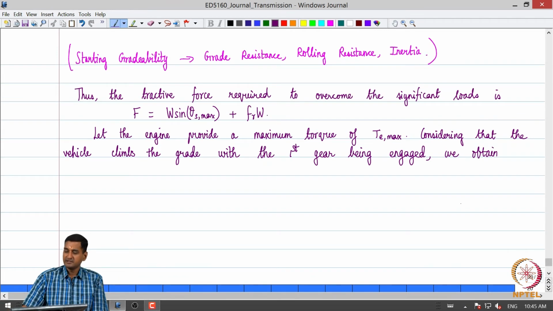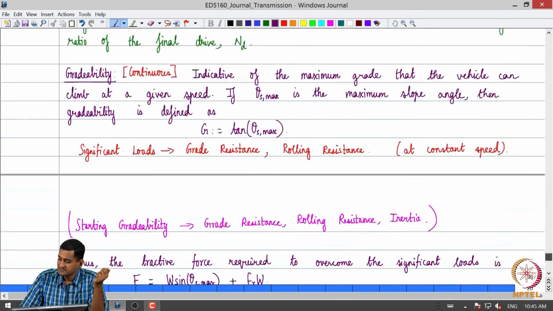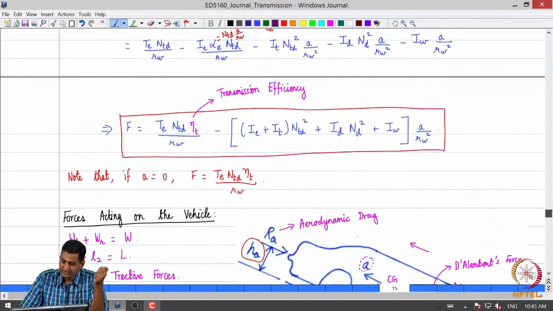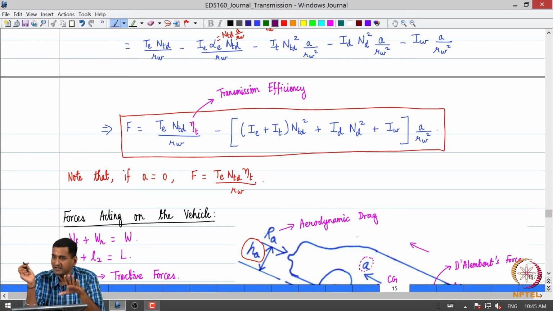If you recall the expression for F from yesterday's class, let me go up. We derived this expression. So at any engine torque and any chosen gear, this is the expression for F considering the inertia of the powertrain components. Now imagine that the vehicle is going at a constant speed on the grade.